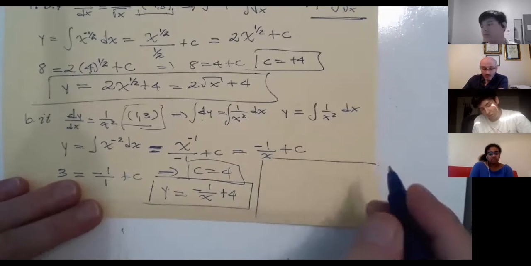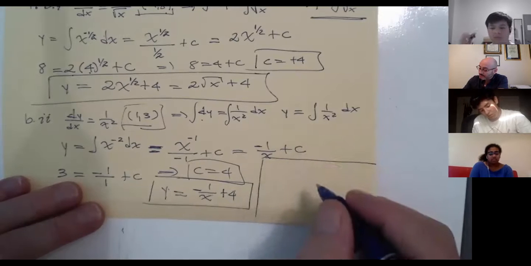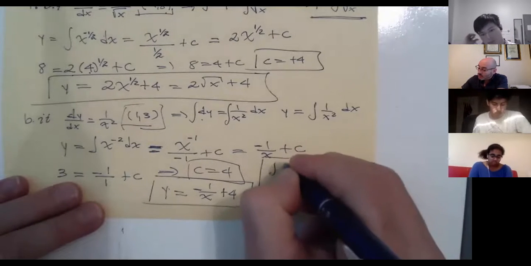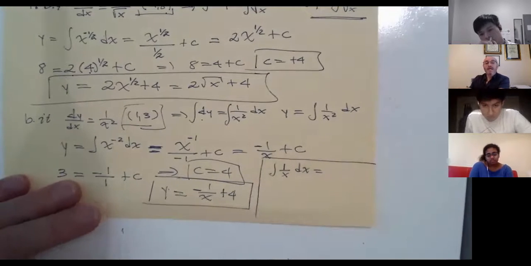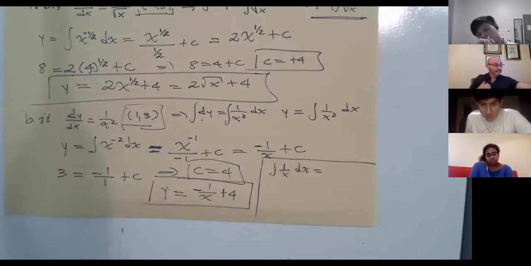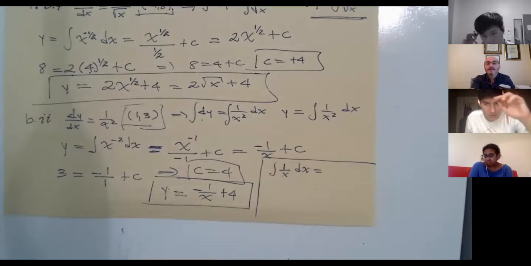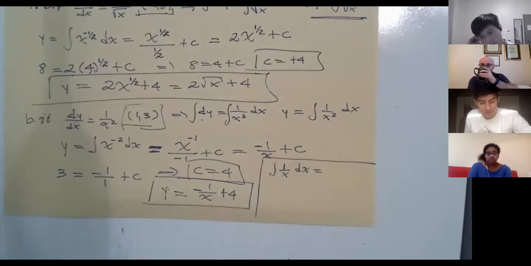So before we move on to the next example, how would you try to do this one? Tell me, somebody. Well, it would be, say that again, Gao. Can you hear me? Yes, I can hear you now. Okay, good.